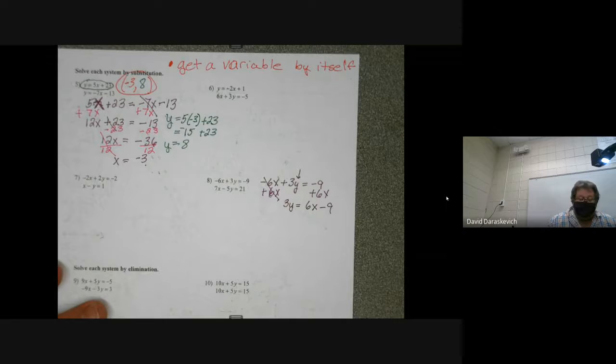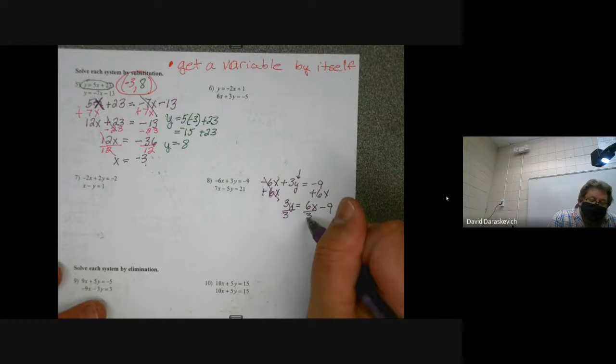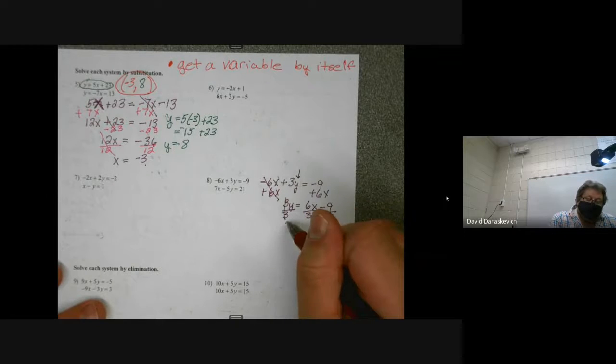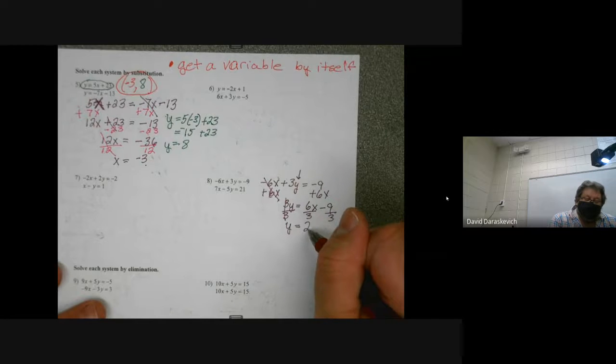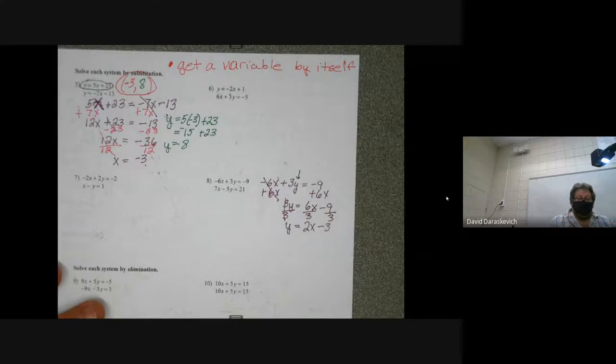Then I'm going to divide. I have to divide that y by 3, which means I have to divide each term by 3. I get y, 6 divided by 3 is 2x, -9 divided by 3, -3.